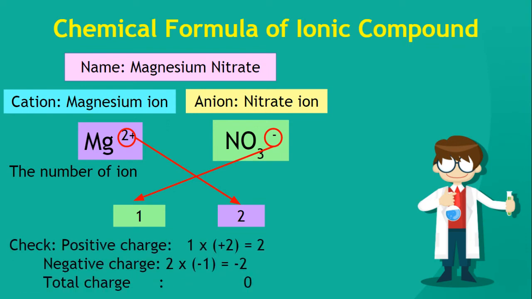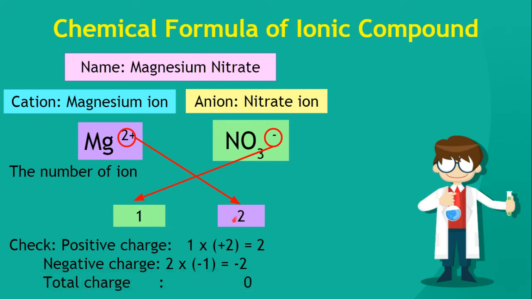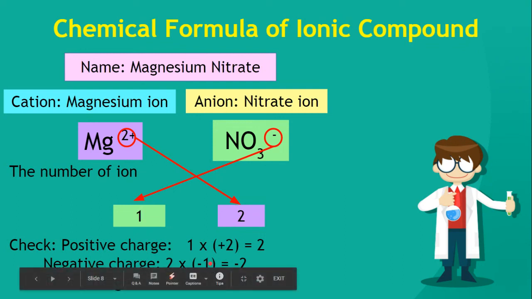We check the charge. Like before, for the positive charge, 1 magnesium ion times the charge of positive 2, so we get 2. Then 2 nitrate ions times the charge of negative 1, so we get negative 2. So the total charge for the magnesium nitrate compound is 0.